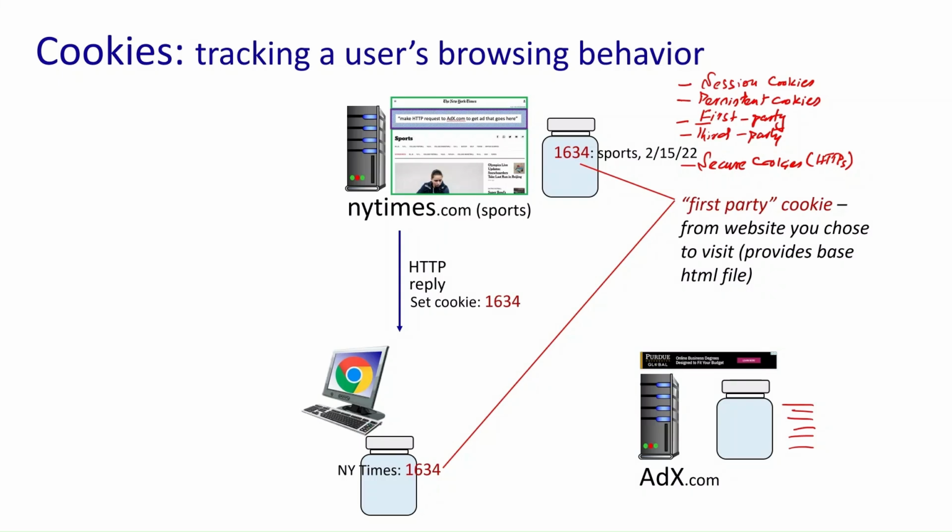Then we have secure cookies used for HTTPS, especially when you're using your banking login credentials. These are all maintained using secure cookies. Then we have zombie cookies, which maliciously track our activities.